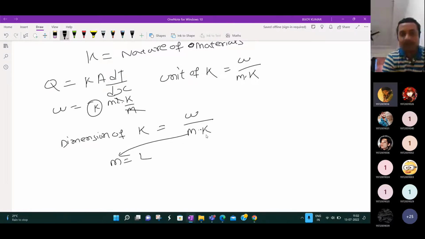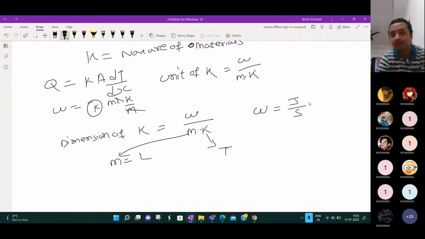Capital L. For Kelvin, capital T, for temperature. For watt, what will be the dimension? Watt stands for joule per second. One joule, we know, is a unit of energy, so Newton into meter. What is Newton then? Mass into acceleration. Then into length.